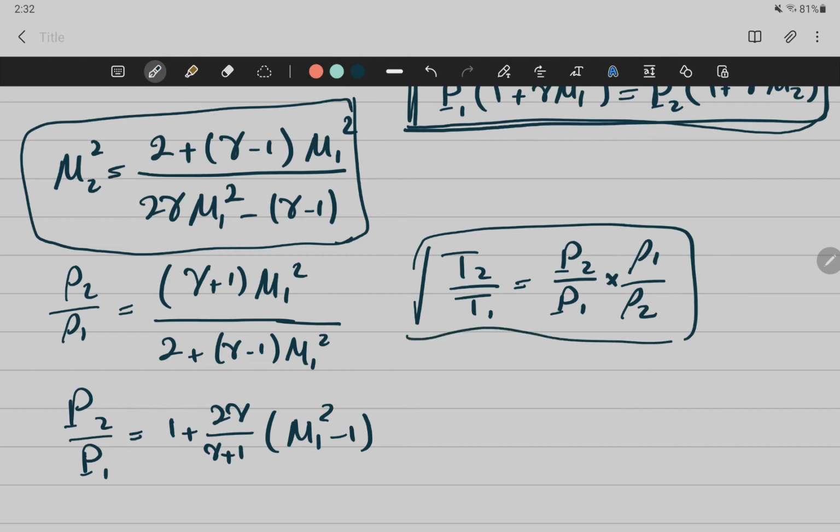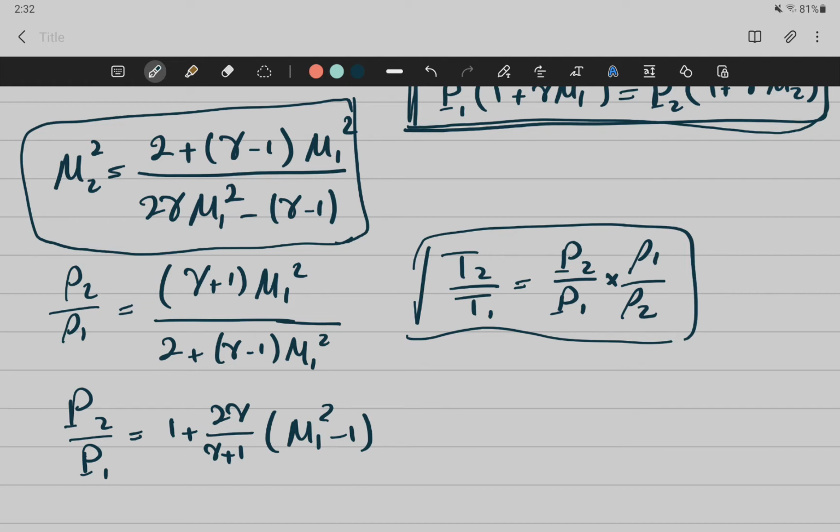But as you can see, these are very long equations, right? So what we have done is that we have tabulated the results of these equations. You don't really need to use the equations to solve this problem. You can just use the tables.